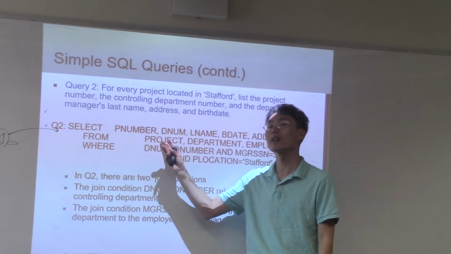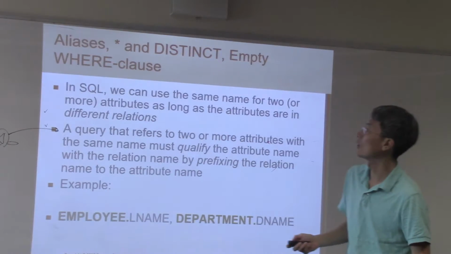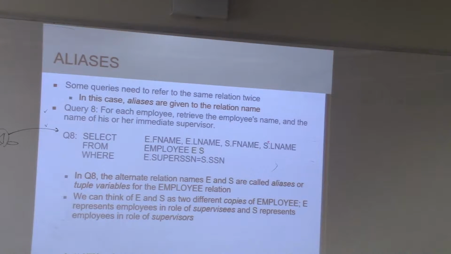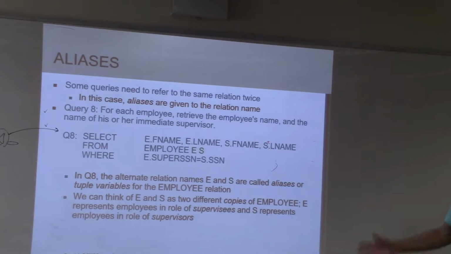So it will be a problem. To address that problem, we have aliases. We can make a nickname. We can make an alias for the table. For example, in this case, think about this query. This is a good example of how to address the conflicting attribute name.